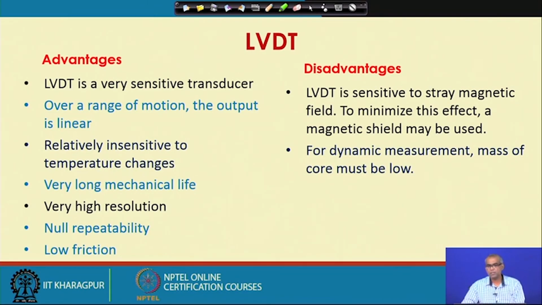As explained earlier, LVDT may be sensitive to stray magnetic field. To minimize this effect of outside magnetic field or stray magnetic field, a magnetic shield may be used. So, LVDT may be enclosed by a magnetic shield to protect it from the effect of stray magnetic field or outside magnetic field.